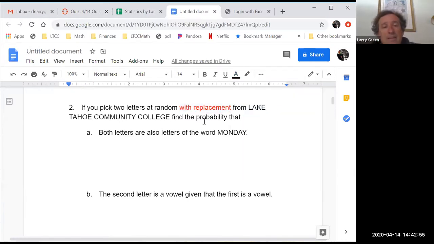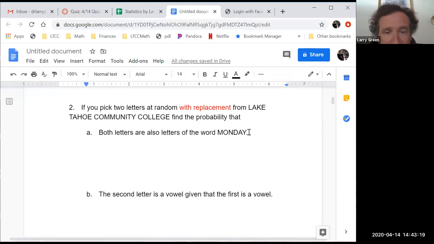So what that means is I'm going to pick a letter, look at it, write it down, and then put that letter back in the bag, mix the bag up, and then pick another letter. And that's called with replacement. So what that means is you can pick the exact same letter twice. Any questions on the idea?